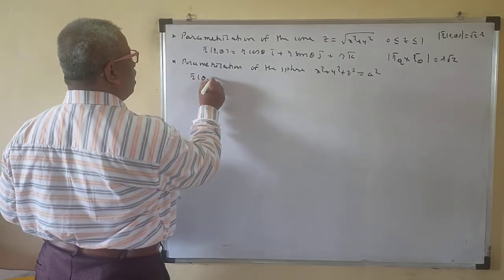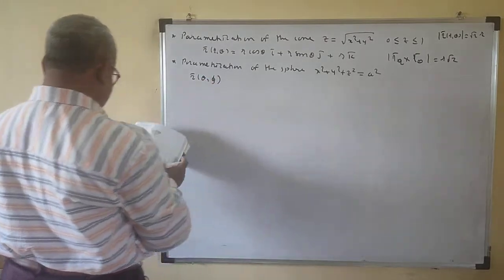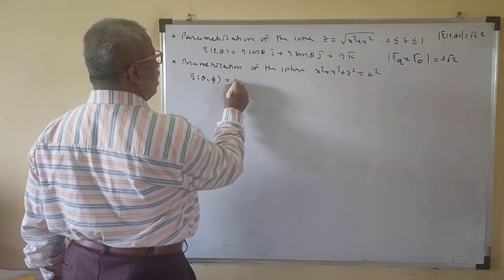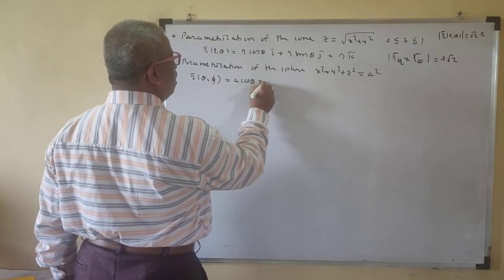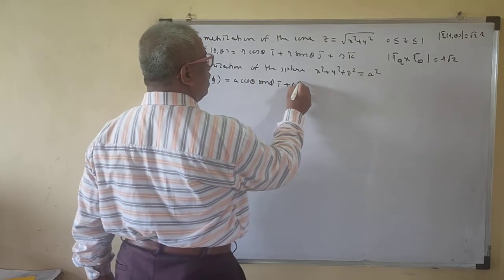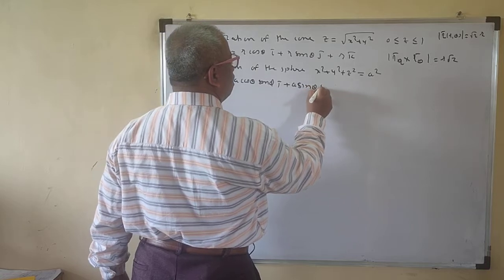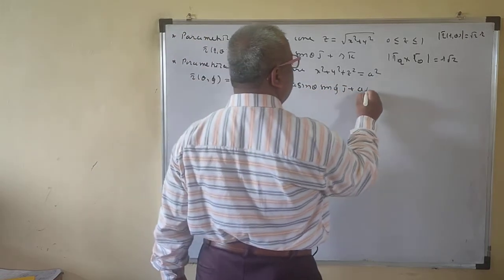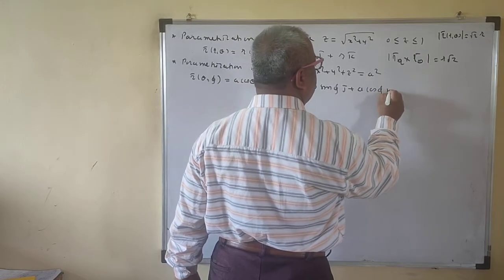So r bar of theta, phi is a cos theta sin phi i bar, a sin theta sin phi j bar plus a cos phi k bar.